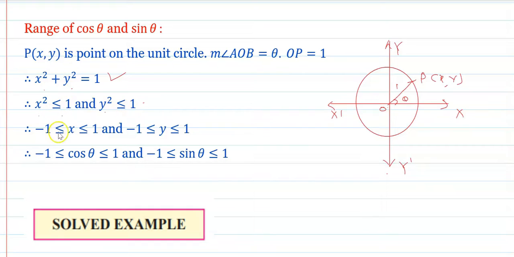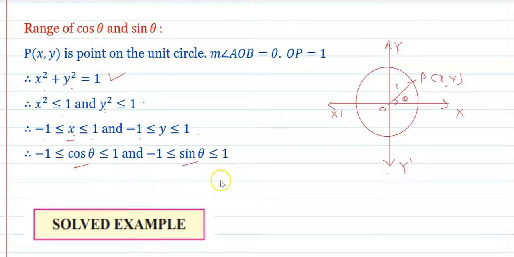If we take the square root, the values of x lie between minus 1 and plus 1, and the values of y also lie between minus 1 and plus 1. But what is x? x is cos theta. And y is sin theta, and hence the values of cos theta and sin theta lie between minus 1 and plus 1.